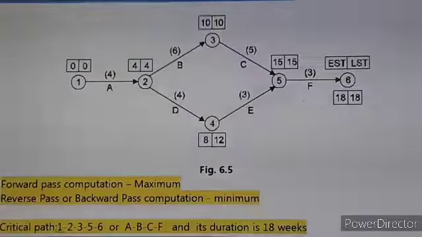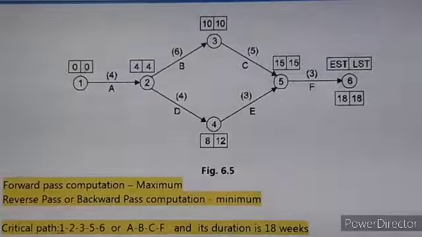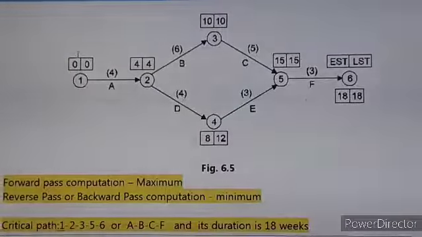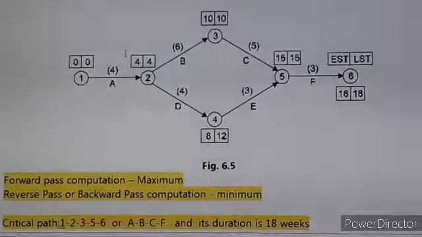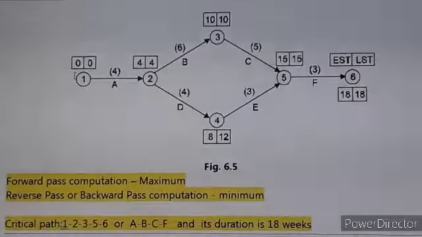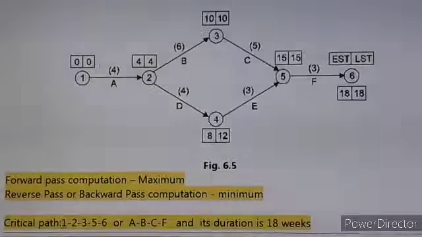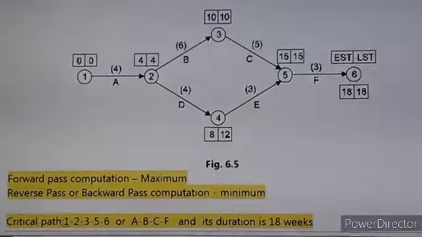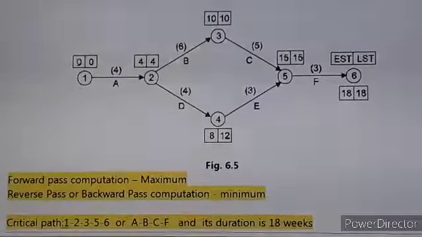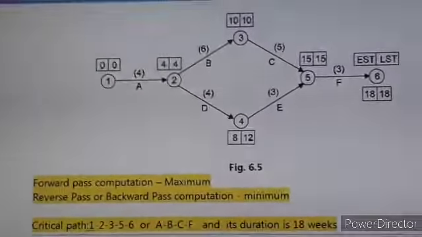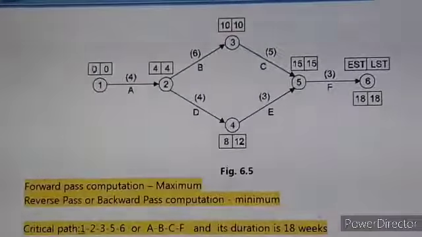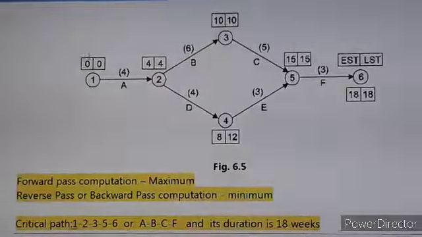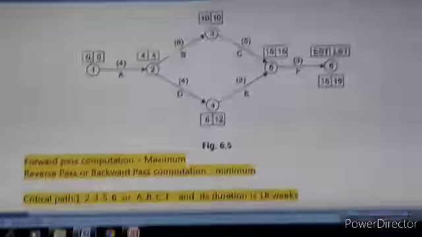by capital letters. Now we have to find the earliest start time and earliest finish time, similarly the latest start time and latest finish time. In order to write these, we have to draw one square at each node.